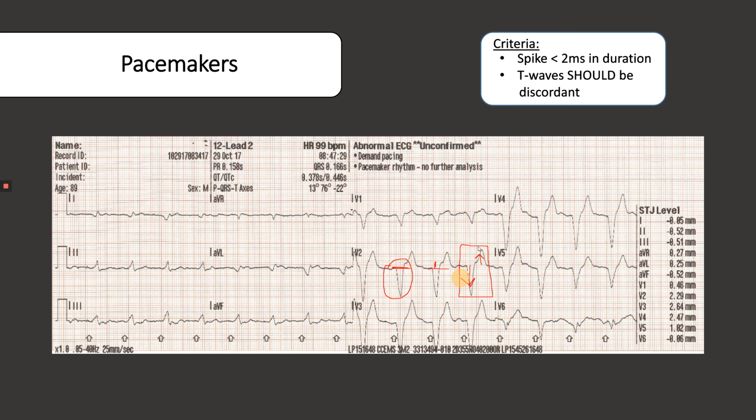And we're going to talk about more of that in the next video as well. But a discordant T wave is normal for a pacemaker and a left bundle branch block for that matter. So that's why it says should be discordant right here. That's the general layout of what a pacemaker looks like.